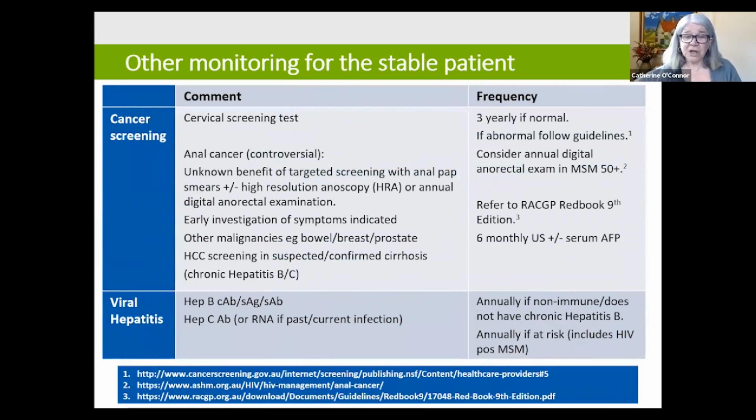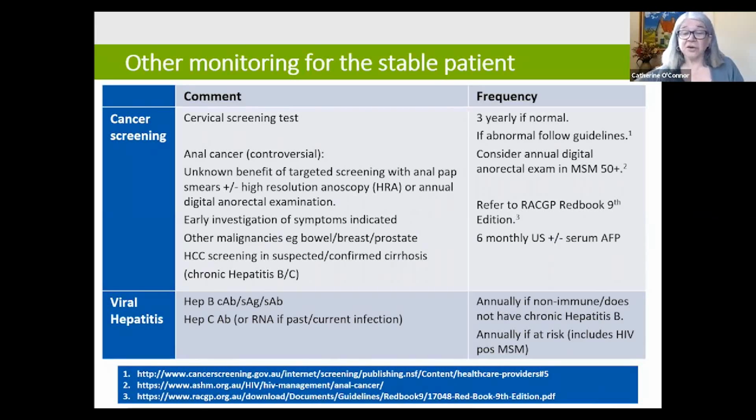We need to be looking at doing some cancer screening. So in women, cervical cancer testing, and there's some controversy around anal cancer screening with annual digital examination in men over 50. We also need to not forget the cancers that are not increased in people with HIV, but are important issues as all our patients grow older, so bowel, breast, and prostate.